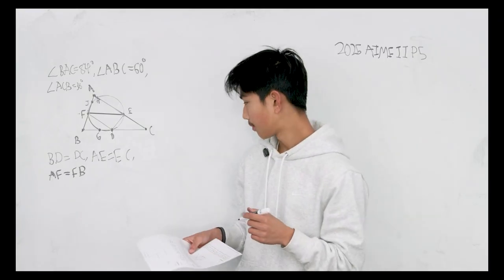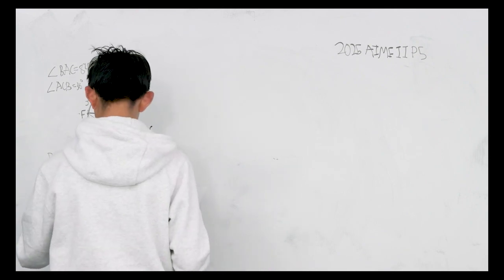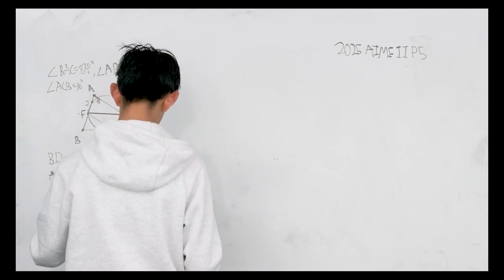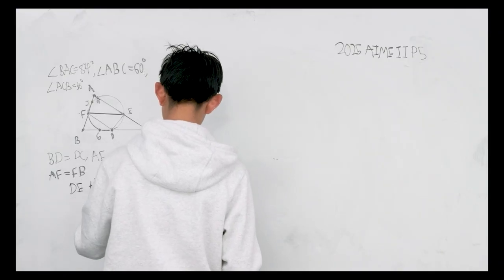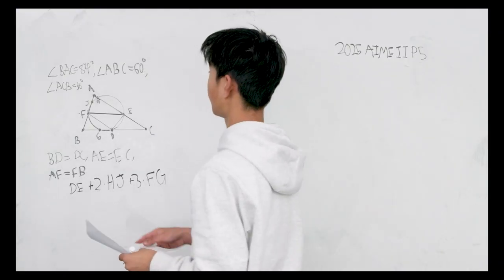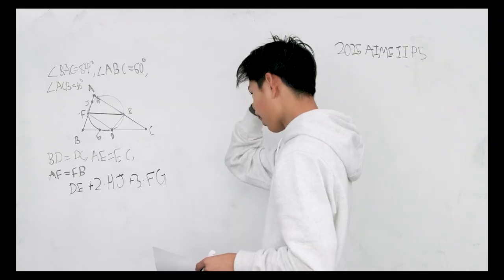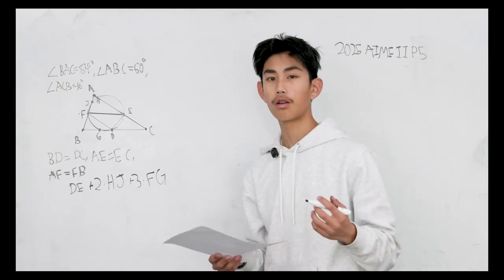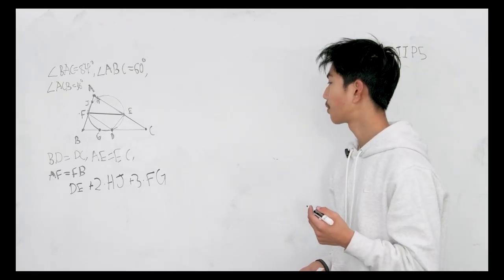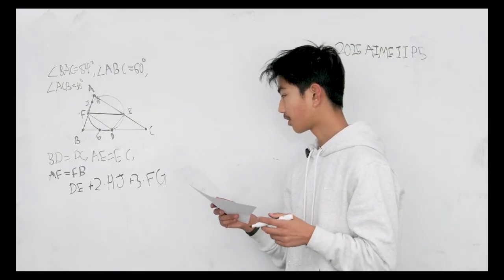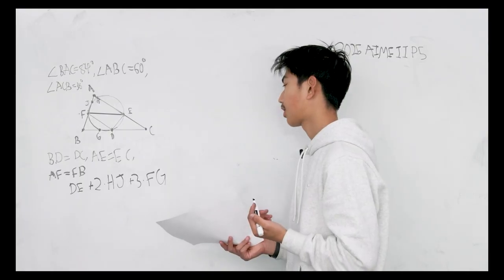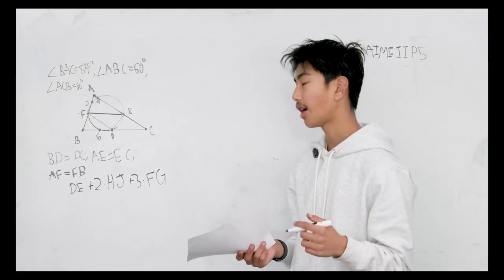So, we want to find DE plus 2HJ plus 3FG. Now we have all these degree measures up here. First thing we notice is that there are a lot of similar triangles in this problem because some of these points intersect at the lines, splitting them in half.